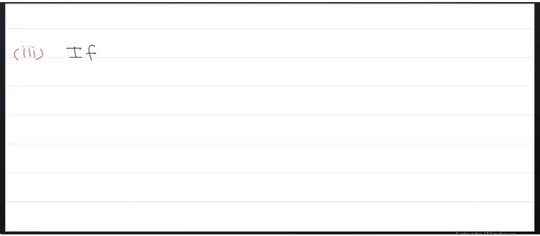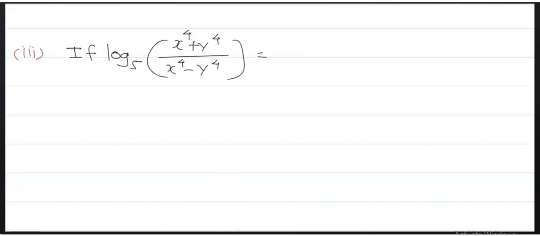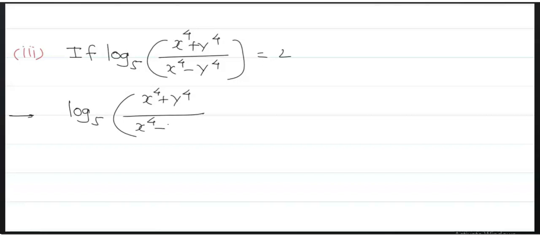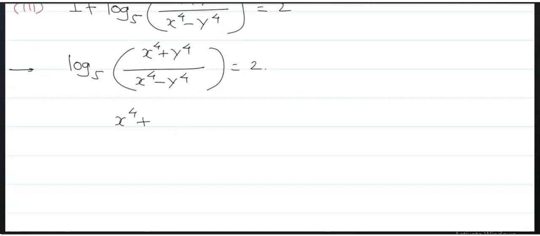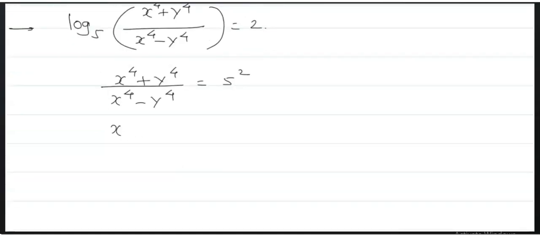That is, if log of (x raised to 4 plus y raised to 4) upon (x raised to 4 minus y raised to 4) is equals to 2, therefore (x raised to 4 plus y raised to 4) upon (x raised to 4 minus y raised to 4) is equals to 5 raised to 2, that is equals to 25.